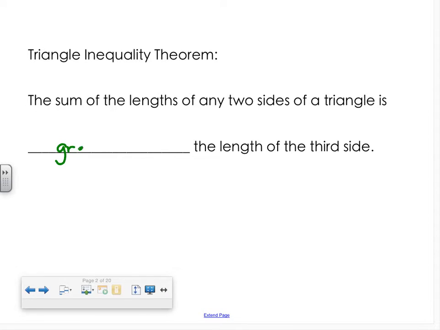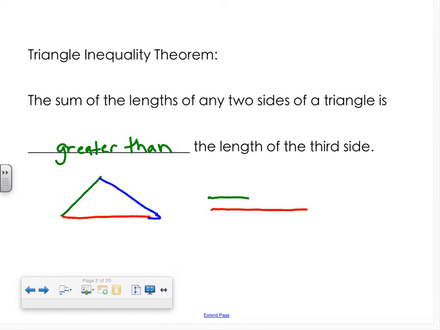So if you have a triangle with side 1, side 2, side 3, if I took the red side, the green plus the blue needs to be bigger than that third side in order to make a triangle. Like in the last example with the 10 and the 4 and the 5, it's just not enough. Then you can't meet the two endpoints. You can't form a triangle. So that's your triangle inequality theorem.